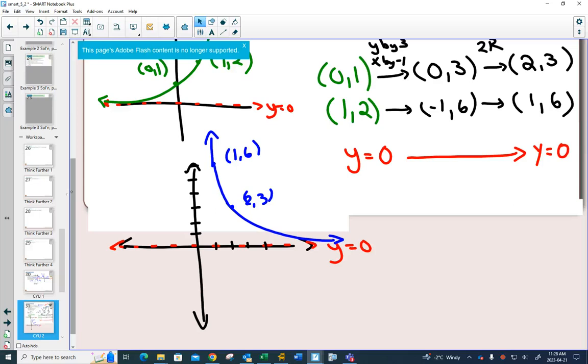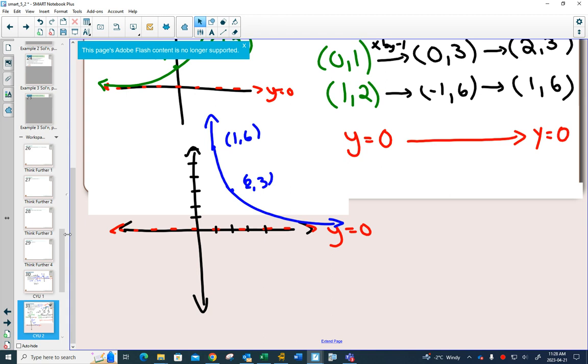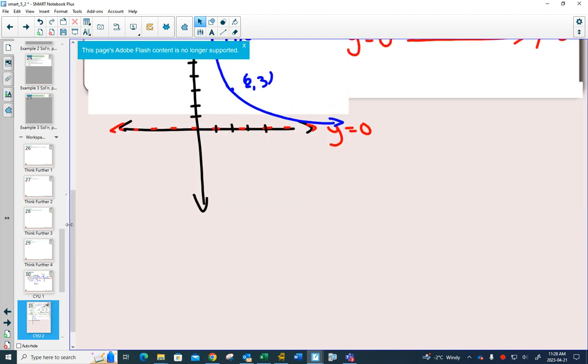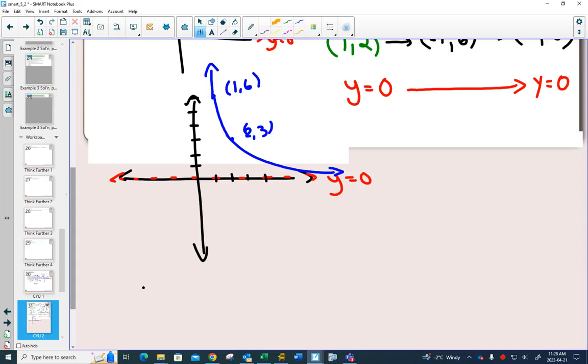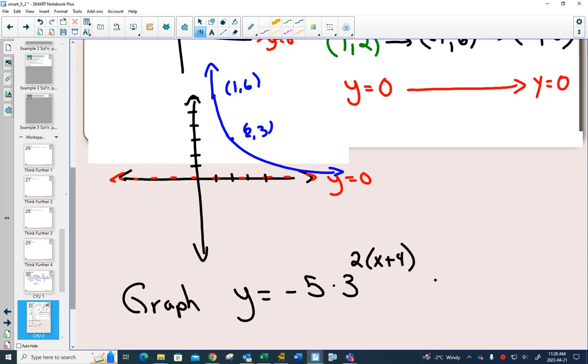So I'm going to get you to try one on your own. Maybe I'll just do it on the same page so that you can see. If you're copying this down still, you can still see it. I would like you to graph y equals -5 times 3 to the 2x plus 4 minus 1.